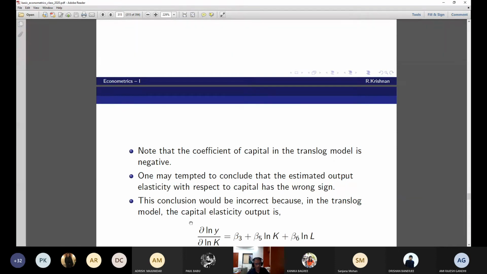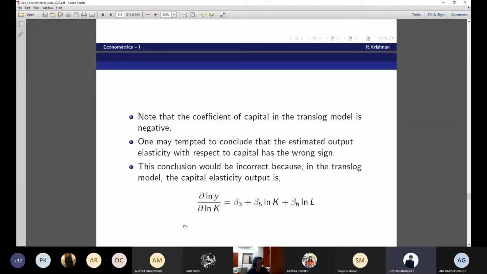Okay, sir. Please go ahead, Babu. Sir, mine was just a simple doubt: how is beta 3 plus beta 3 plus beta 4 plus beta 4 plus beta 5 plus beta 6 equal to 0 different from beta 4 equal to beta 5 equal to beta 6 equal to 0?